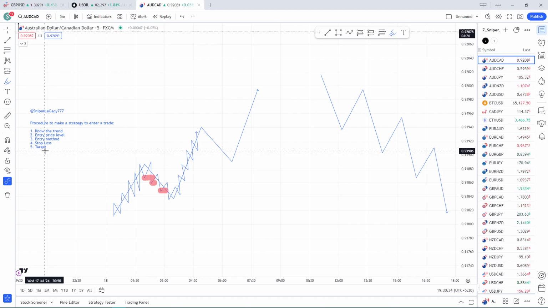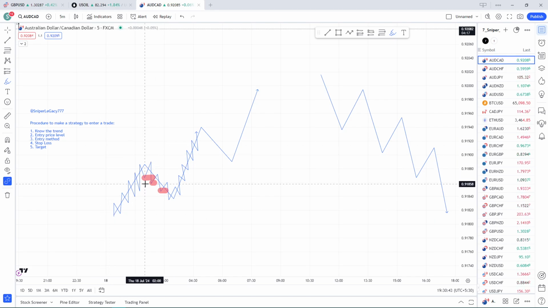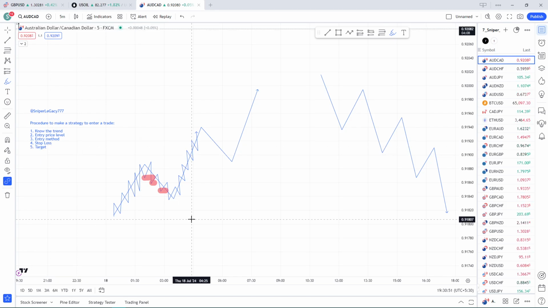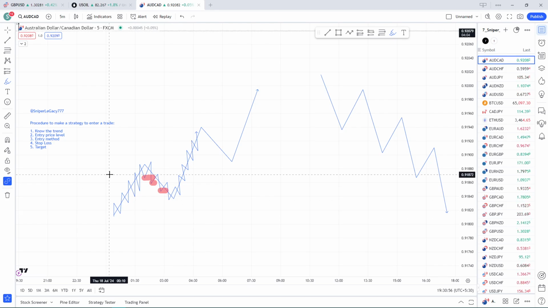So when we enter, we have already determined the entry price level. Based on our entry price level and the previous price action, we know what our potential stop loss level is, and we should also be in a position to determine the potential target level. So before entering the trade, we should know two things: stop loss as well as target.